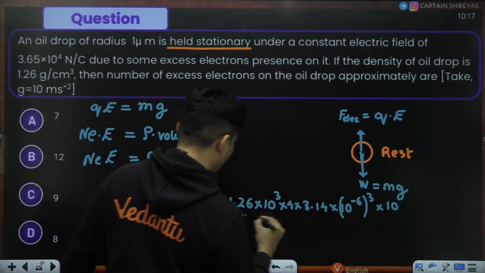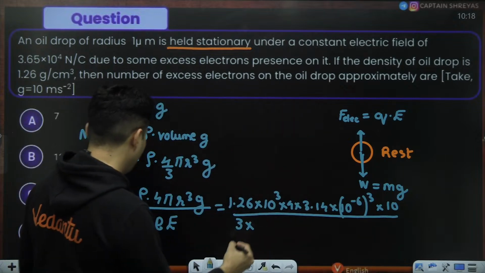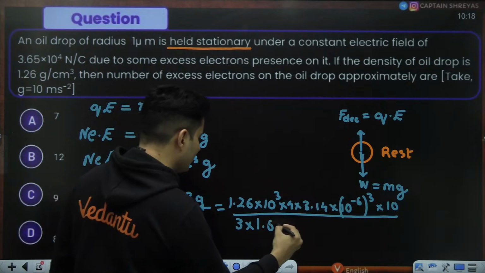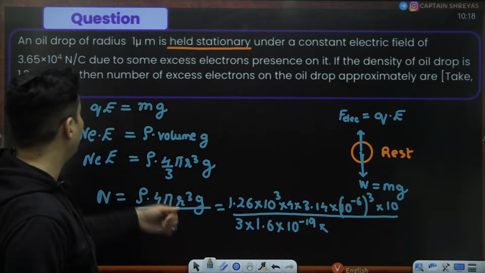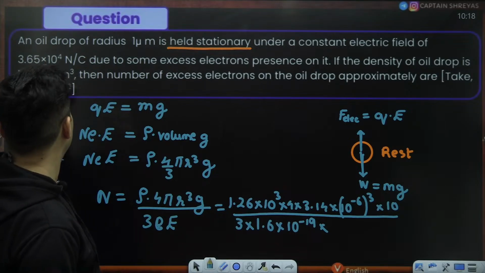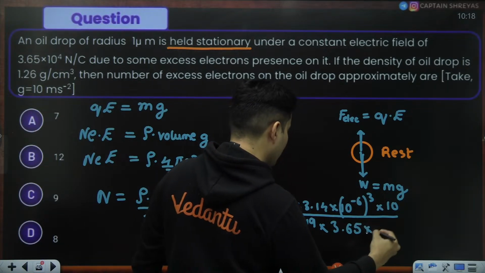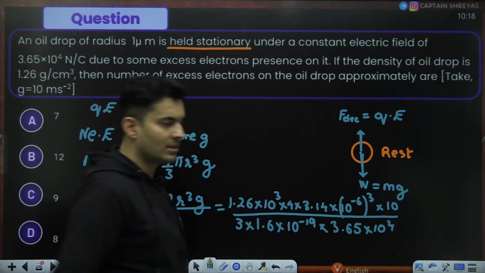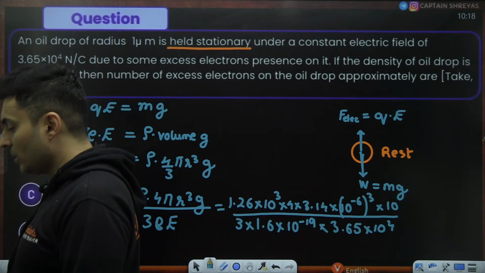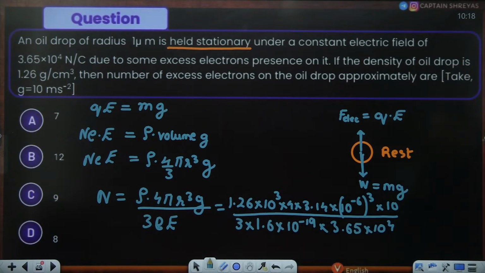This whole thing divided by 3 over here multiplied by e. e is nothing but 1.6 into 10 to the power minus 19 and multiplied by electric field. Electric field is given as 3.65 into 10 to the power how much? 4 over here. That's it. So now you just have to do the math and you will get the answer.